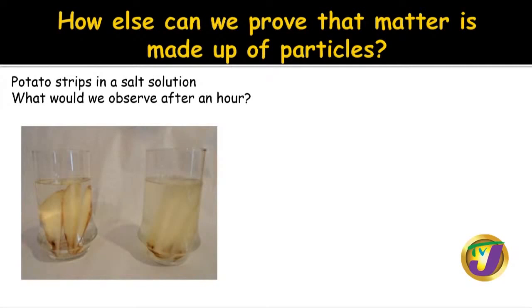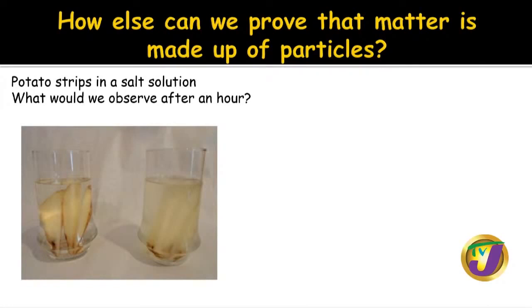Based on your own experience, what do you think would happen? Yes, so after some time, you will see that the potato strips actually would shrink and become what we call flaccid, which is really saying that the water in the potato strips would have moved out of the strips into the salt solution. Now, this is an example of a special type of diffusion, which is called osmosis.